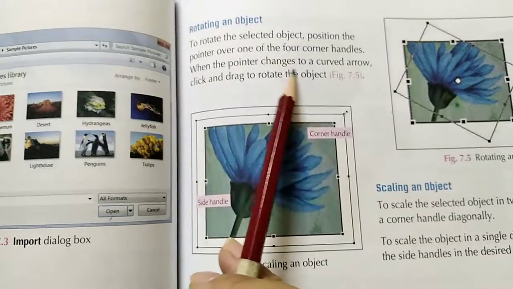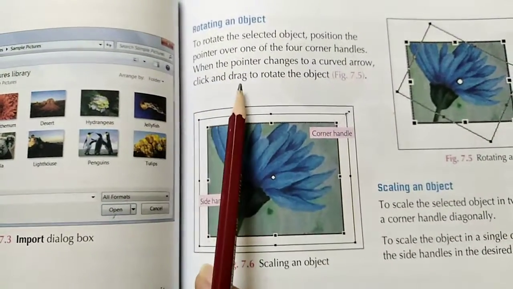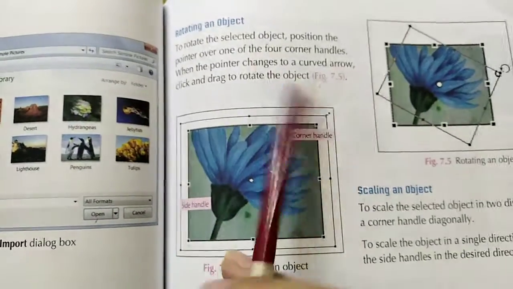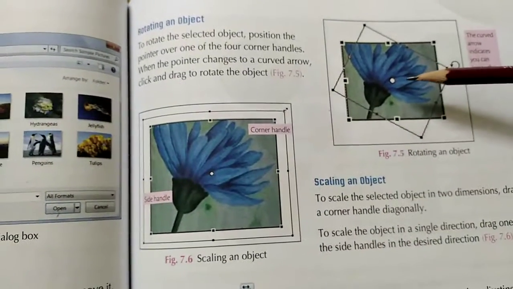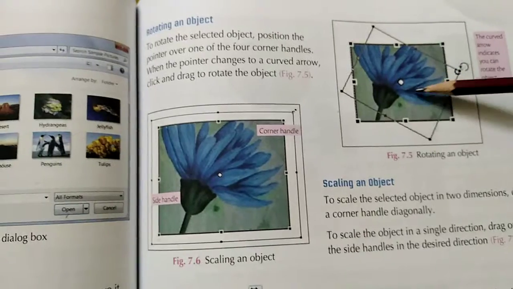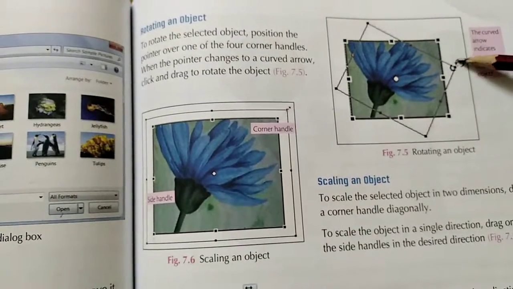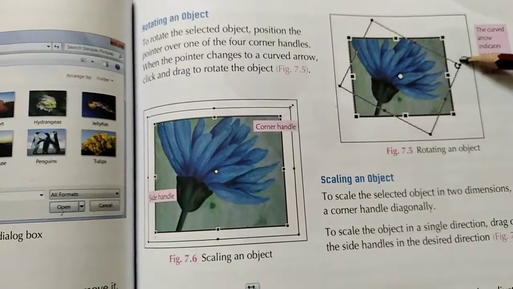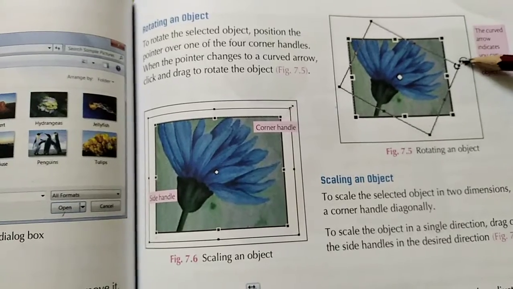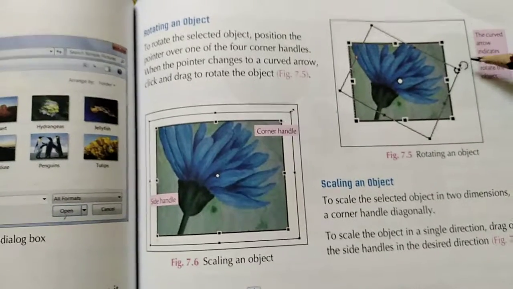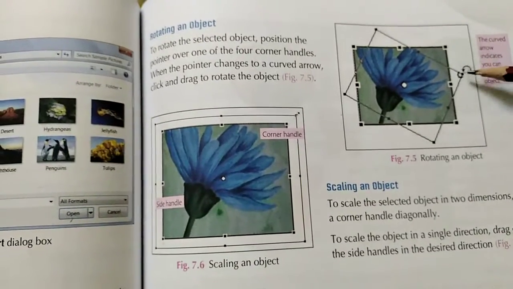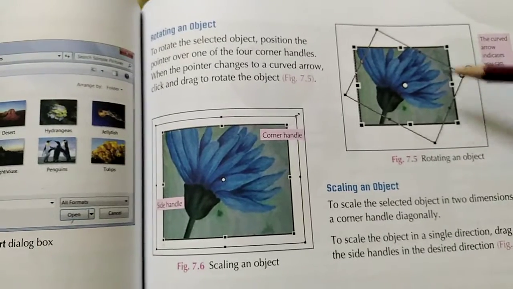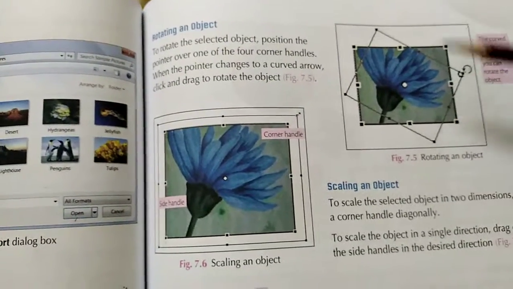When the pointer changes to a curved arrow, click and drag to rotate the object. Just you have to click on the object or the picture you want to move. This type of cursor or a pointer will be appeared. When you click on it, you can change the position or rotate the position of the picture.